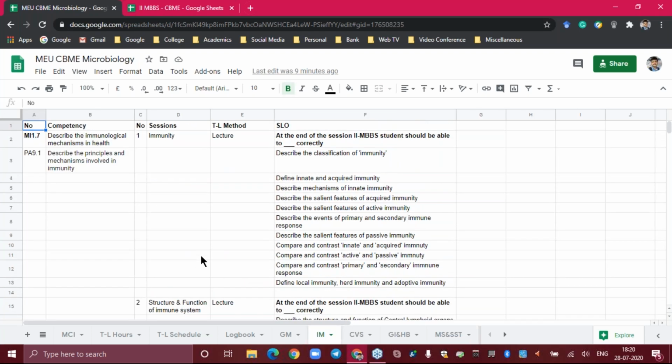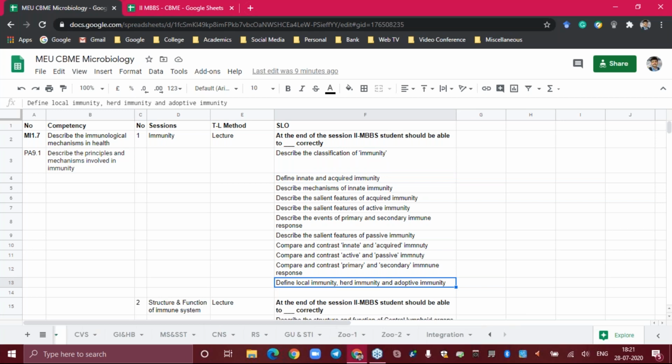As you see in immunology, if you can follow this pattern in all the subjects and all the sections, it will be very easy, right? Competency divided into sessions, then the appropriate teaching learning method, and in that particular method, how many objectives you are going to cover, right? So that is how our ideal plan should go.